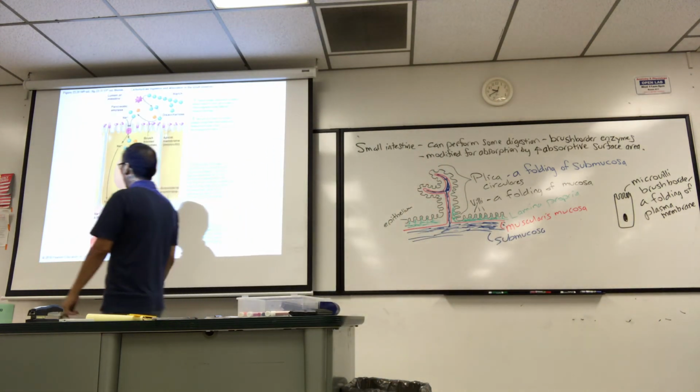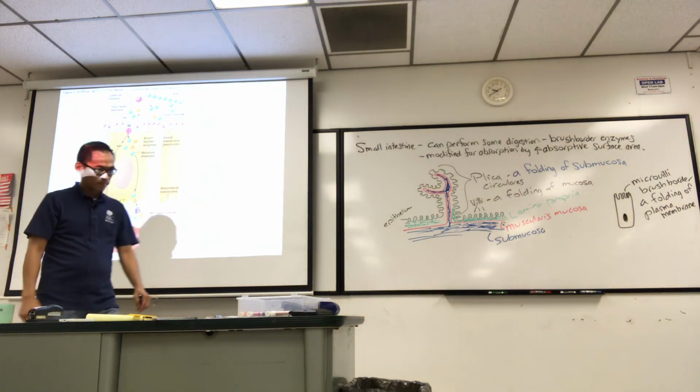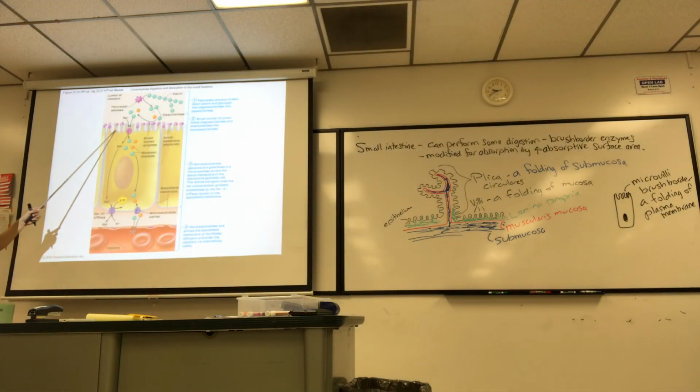Here's a picture of the brush border enzymes at work. Basically what you should notice is you're breaking the bonds at the top because you have these enzymes studded in the brush border. So by the time you get to this side, you have, for example, monosaccharide carriers to get the monomers into the bloodstream in the intestinal capillary.